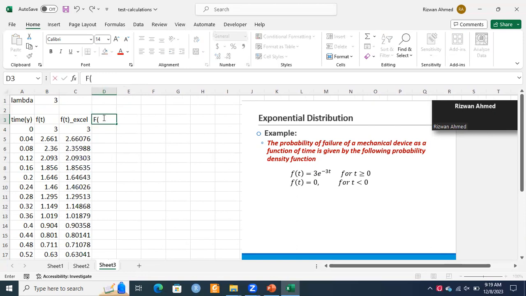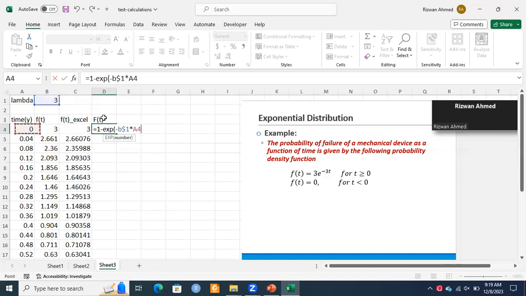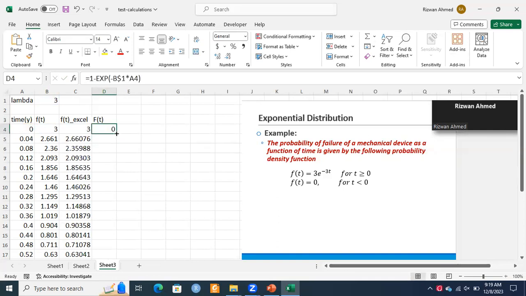Now I compute F of t. I can compute it either by the original function. F of t is the failure probability, the failure probability up to this point, right? So I'm going to write here from Excel function. Okay, that is fine. Well, I prefer my own function: 1 minus e raised to the power minus lambda, which is at $1, times t. So that's the exponential probability.